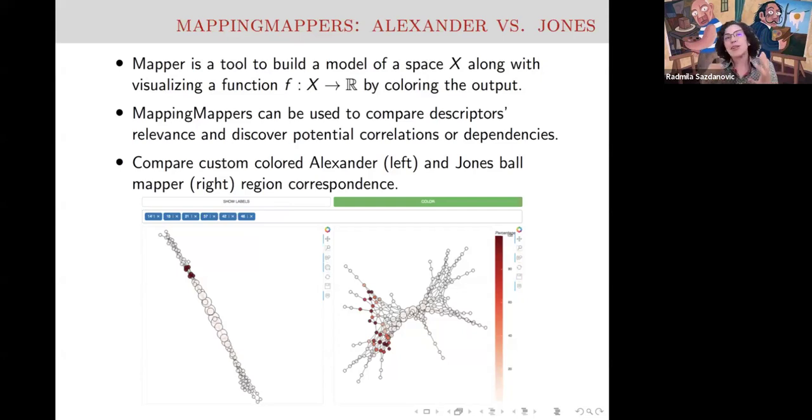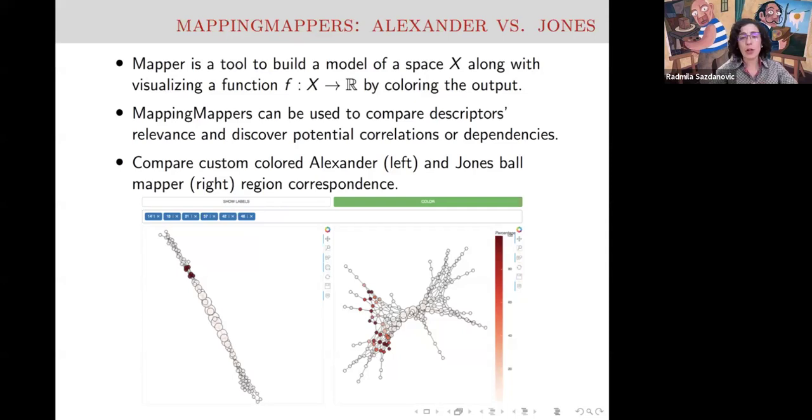What you see here on the bottom picture is comparing the custom colored Alexander ball mapper, where I picked these clusters because we were interested in them, and then we see where they are located within the Jones ball mapper.